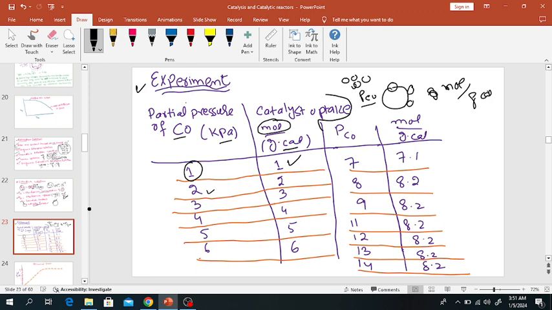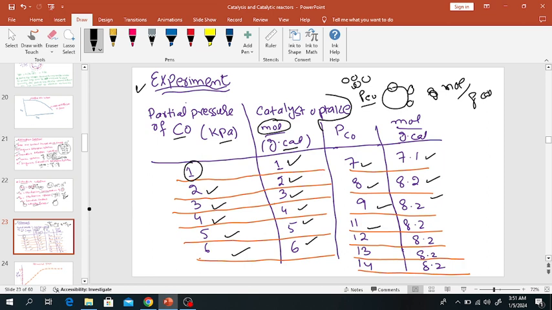When the partial pressure is 2 kilopascal, the uptake is 2 mole per gram catalyst. At 3 kilopascal, the uptake is 3 mole per gram catalyst. At 4 the uptake is 4, at 5 it is 5, at 6 it is 6. At 7 it is, suppose, 7.1, and at 8 it is 8.29.